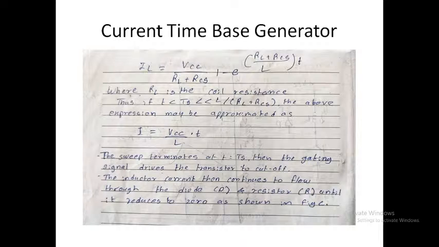Now when the transistor is off, because the inductor stores energy, whatever current is there in the inductor will continue to flow through the diode and resistor until it reduces to 0. Again, when the gating waveform goes to plus V2, that is the V2 level, then again the current will start increasing from 0 to the maximum level. So this is the current time based generator.